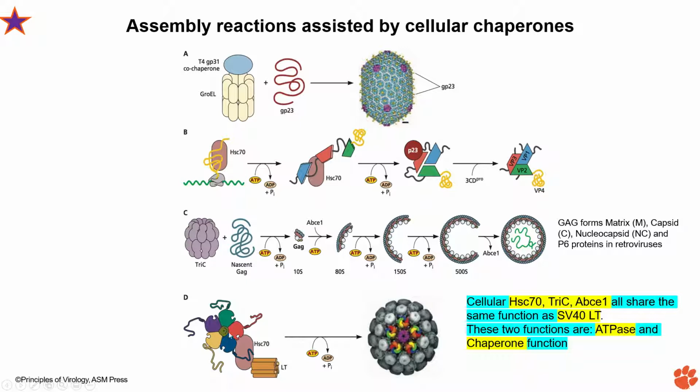So if we ask which class of function is common to or exhibited by all the proteins, like HSC70, TRiC, and ABCE1, just remember that your answer will be that they are all ATPase and chaperone function.